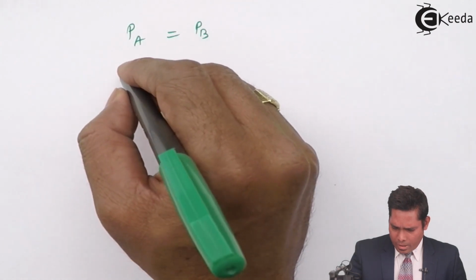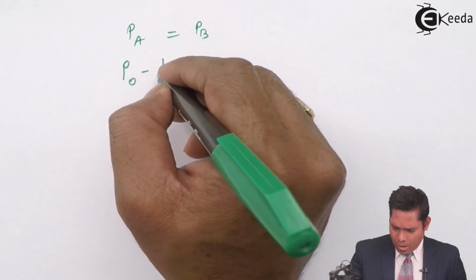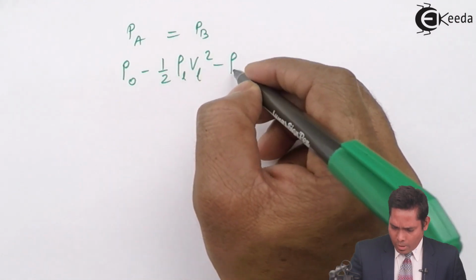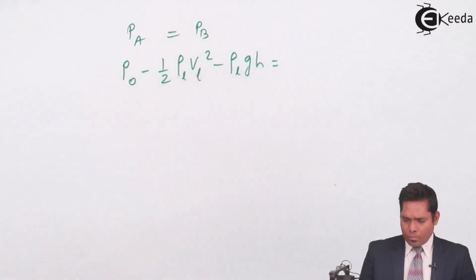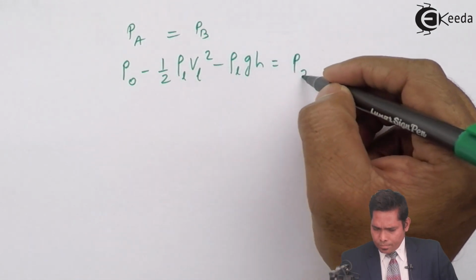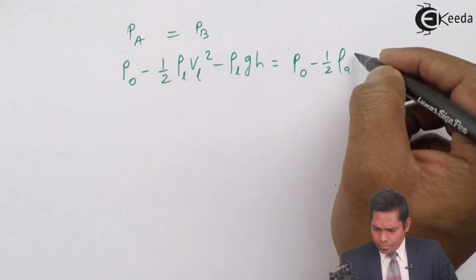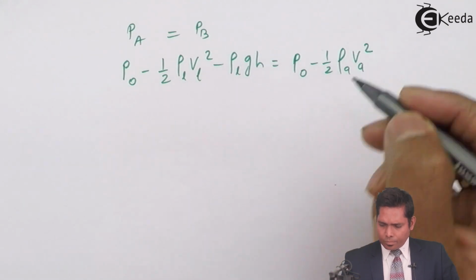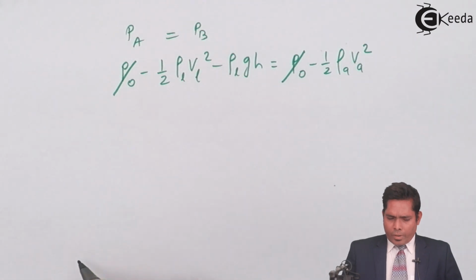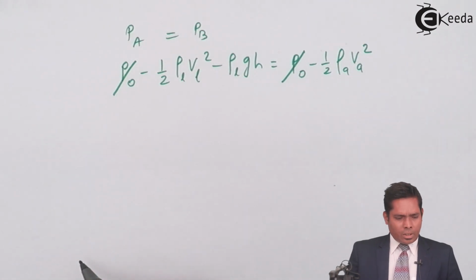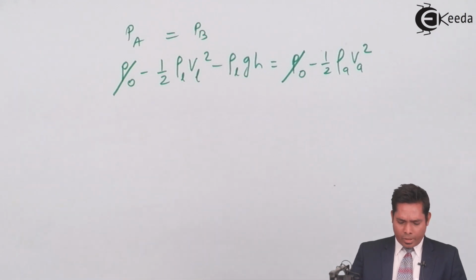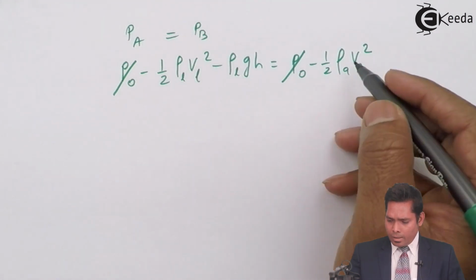Pressure at A is P naught minus half rho L VL square minus rho L G H, equal to the pressure at B, and the P naught will cancel out. We are interested in the volume rate at which the liquid is flowing, that is, we are interested in VL.